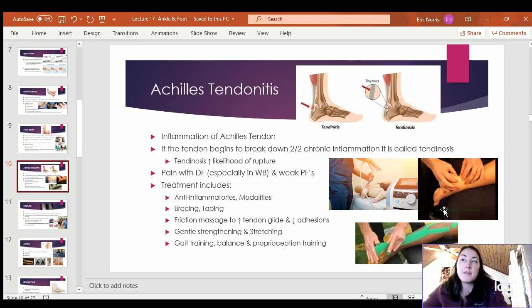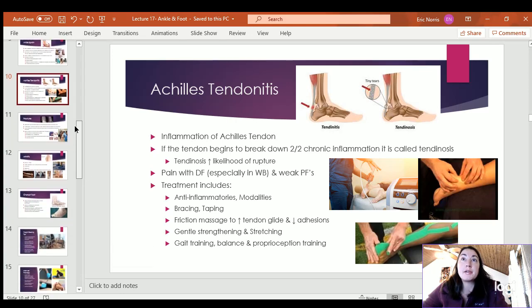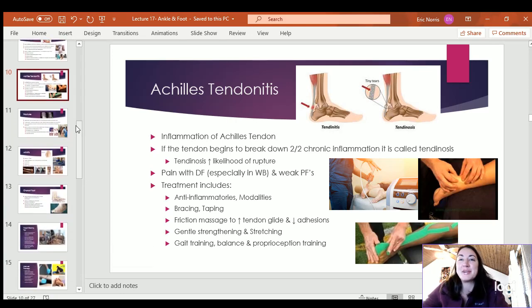It'll kind of thicken. Stretching and then gradually strengthening, of course, gait, balance, and proprioception training as you're returning to function. I would certainly have them rest from the activity for a while, even though a lot of people that come in with Achilles tendonitis are very active and don't want to slow down. That's been my experience anyway.